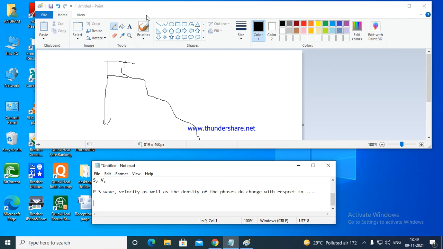There will be changes in the structural configuration.